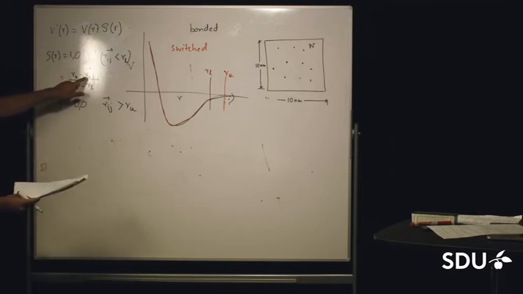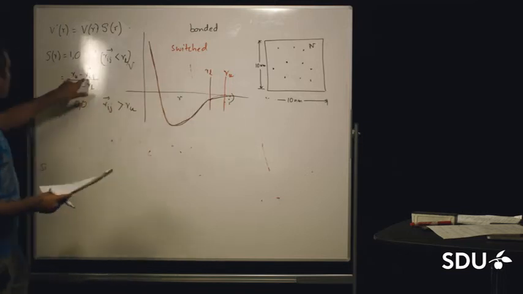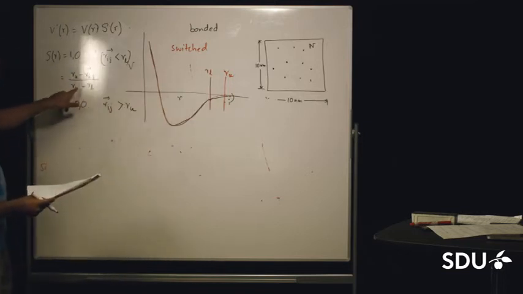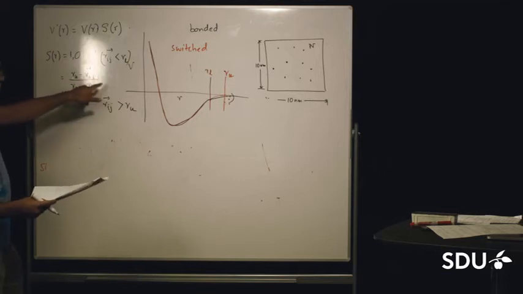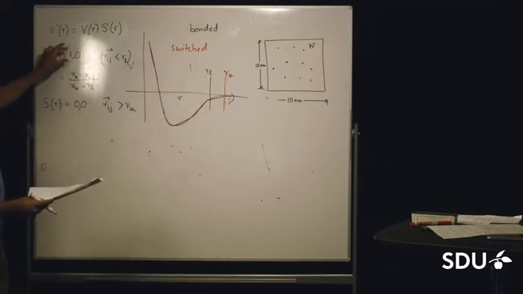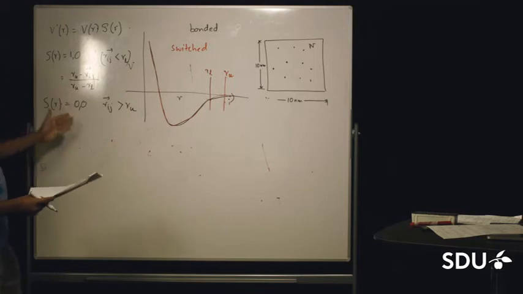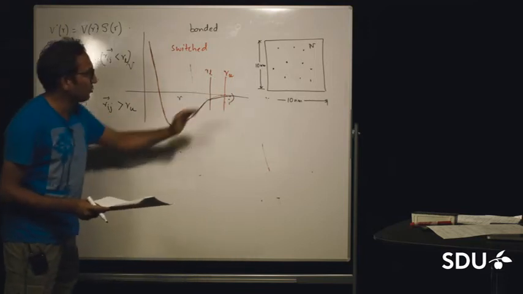So, you can see when Rij is equal to Ru, this switching function will of course become 0. When Rij is equal to Rl, the switching function will be 1, and between these two values it will smoothly switch from 1 to 0.